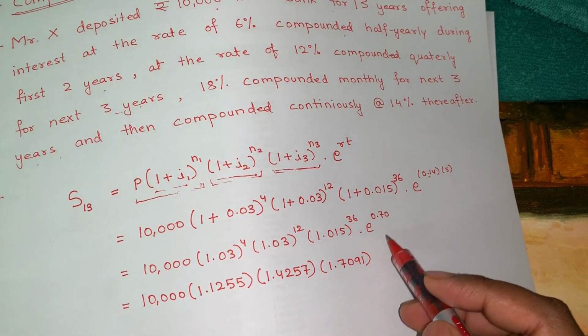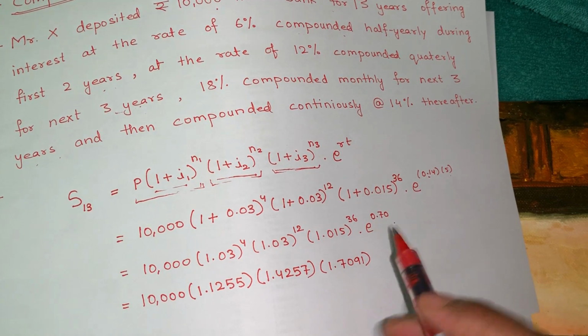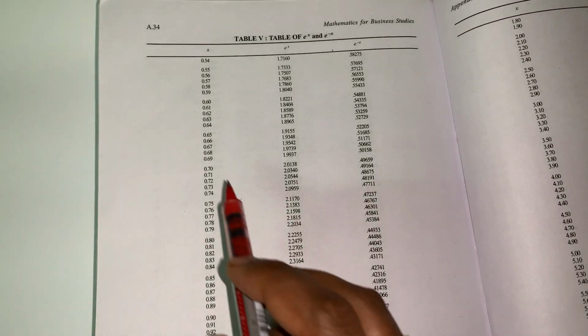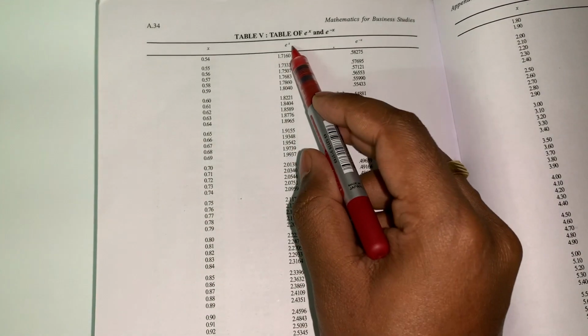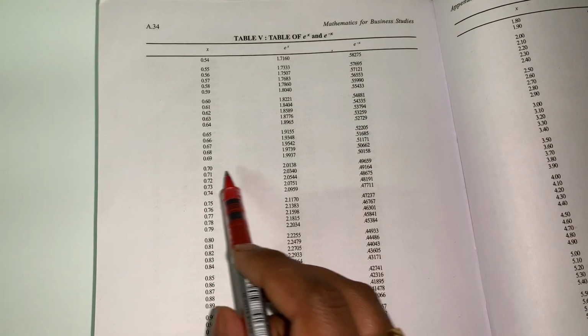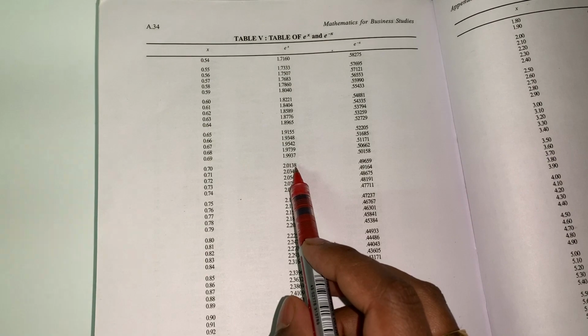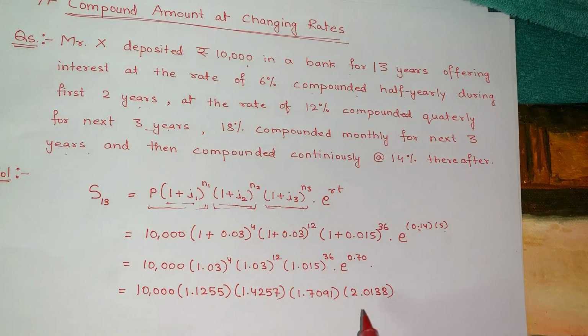Next we need exponential to the power 0.70. Hence we move towards the exponential table. So here is the exponential table, and here we search for 0.70 in the e to the power x column. For 0.70 the value is 2.0138. We use this value. So we have written the value of e to the power 0.70, which is 2.0138.